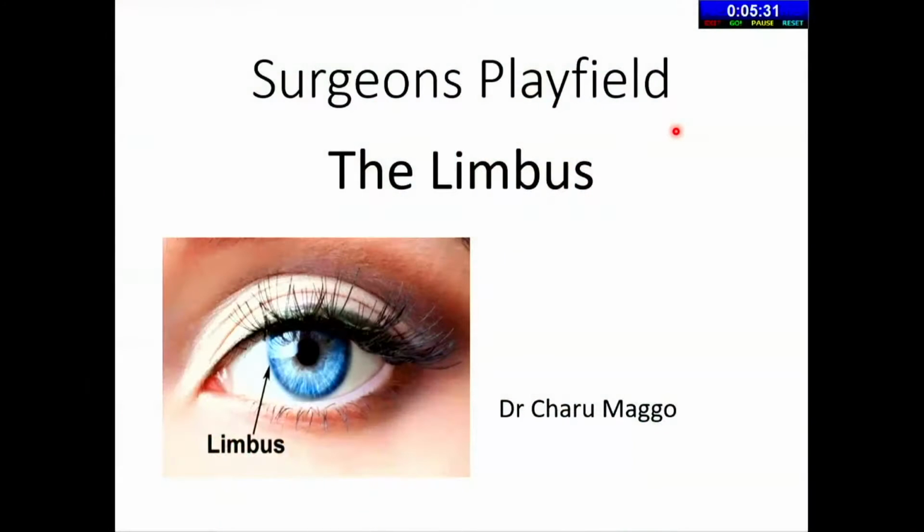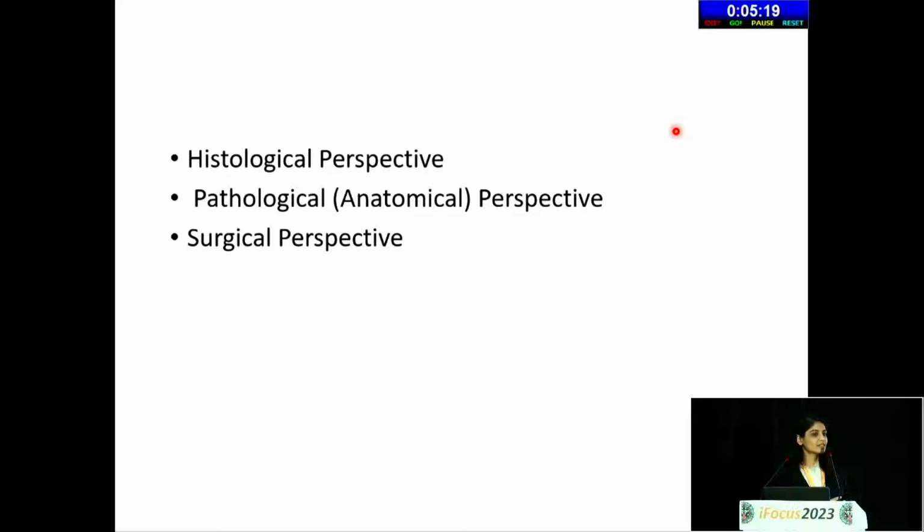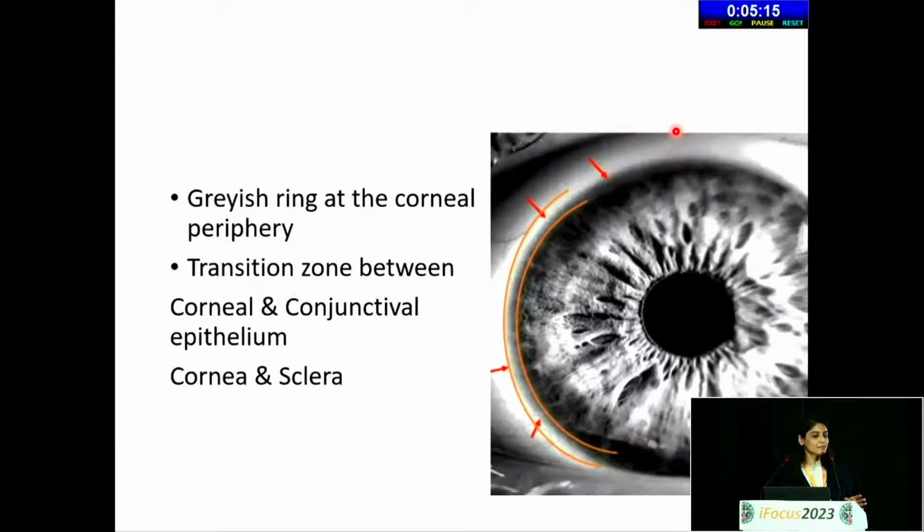So my topic for today is the limbus, and since it's very important for any ophthalmic surgeon to be well versed with the boundaries of the limbus, I named my topic the surgeon's playfield, the limbus. We shall be dealing with the histological, anatomical, and surgical perspectives of the limbus in today's session. We know that the limbus is the transition zone between the cornea and the conjunctival epithelium, or the cornea and the sclera.